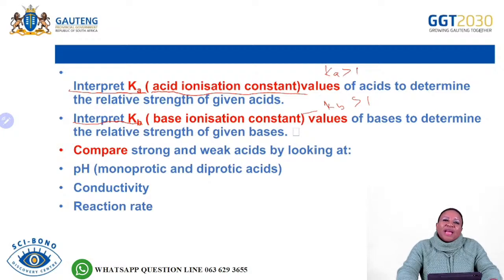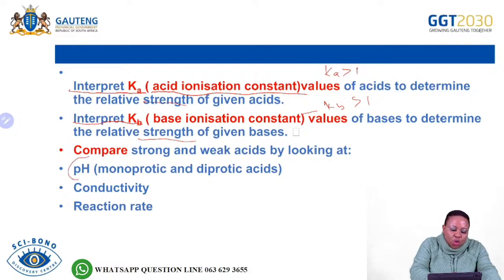Therefore, there will be an instance whereby an examiner can give you a Ka or Kb value so that you can identify the strength of an acid and a base that is reacting. These values are very important for us to know, because they will definitely give you the strength of acids and bases. And we know that we can compare strong acids and weak acids using the pH, which I already explained in terms of the scale that I just gave you on our previous slide.